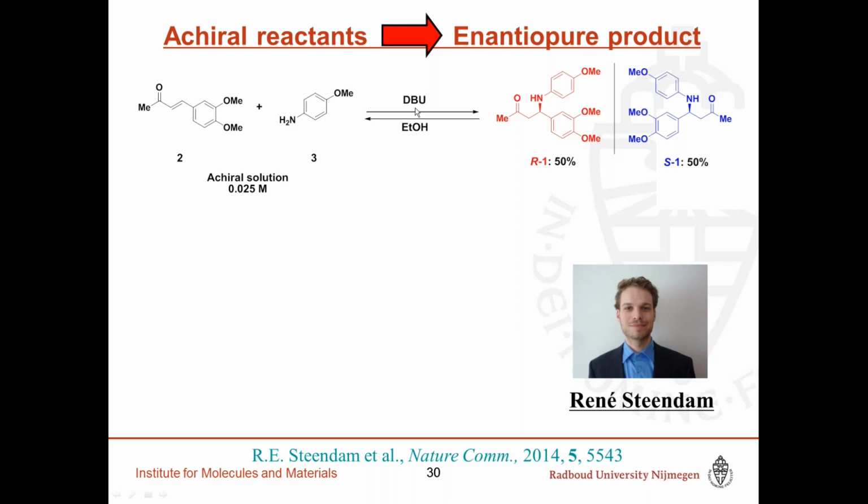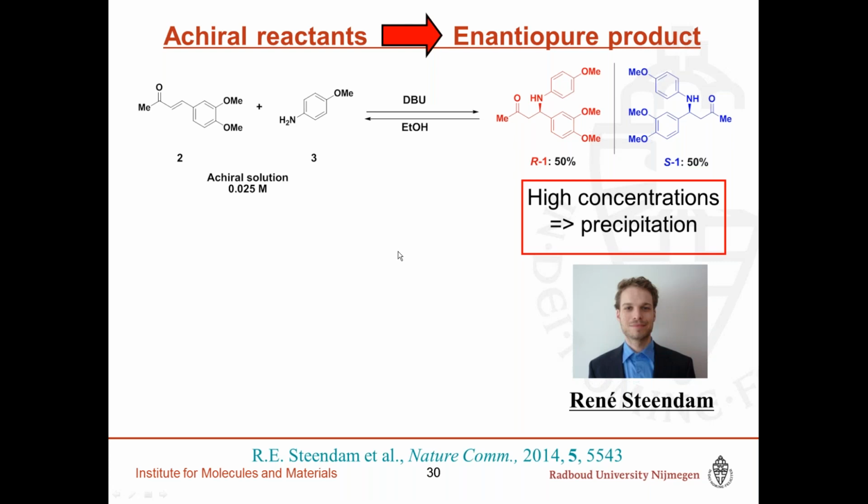And here the working of the DBU is not so much to racemize this molecule in solution, but rather to catalyze the backward reaction. And because you sometimes go back to these achiral molecules, you also can go forward to form again the chiral molecule. So this is a racemization reaction via the back reaction to the achiral reactants.